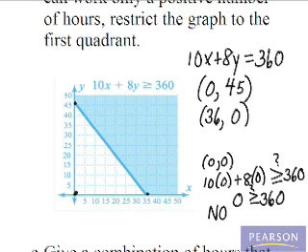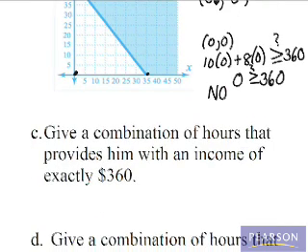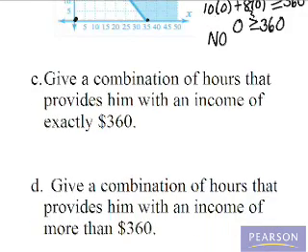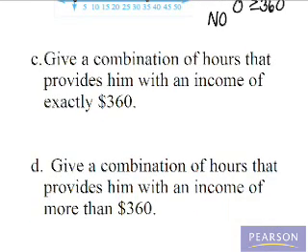Now we go to the next part of the problem. This says, give a combination of hours that provides him with an income of exactly 360. So the equation 10x plus 8y equals 360.